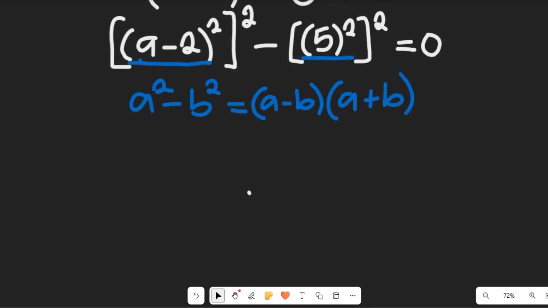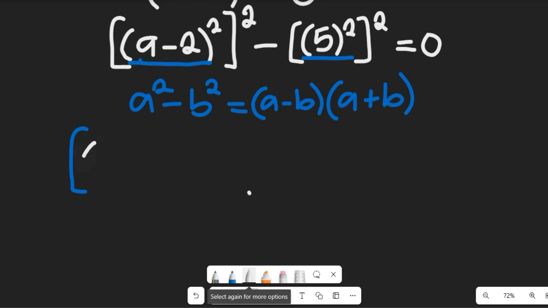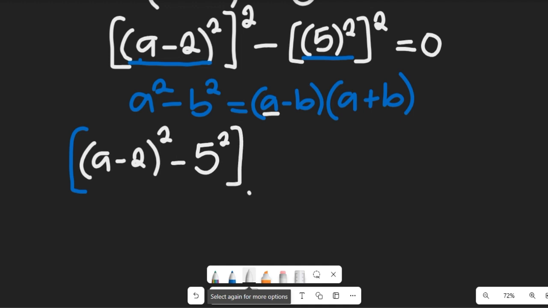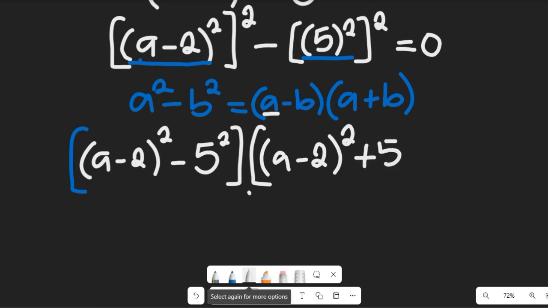So if I express that, I now have (A minus 2) squared minus 5 squared, in brackets, multiplied by (A minus 2) all squared plus 5 squared, and all of this will be closed, and this will be equal to 0.